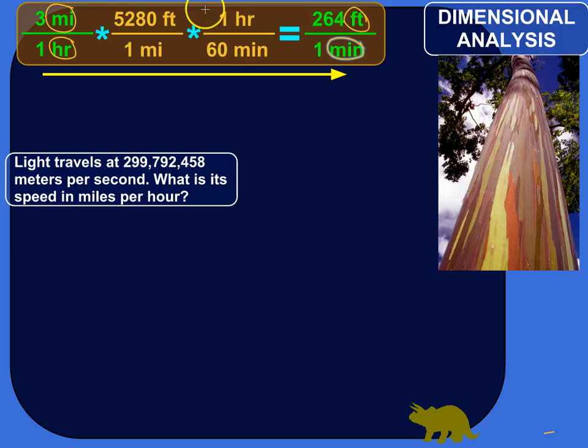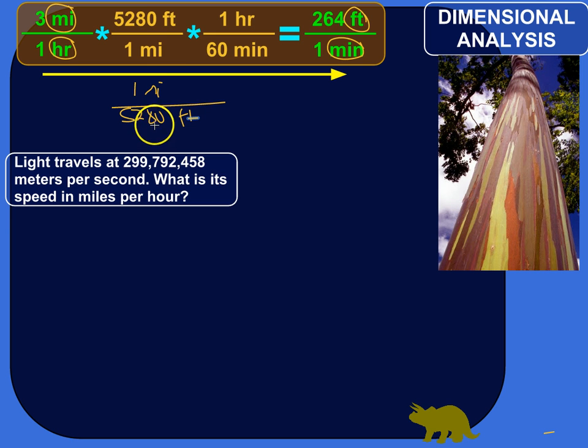Step two is to write those conversion factors as fractions, as ratios expressed as fractions. So here, there's 5,280 feet per 1 mile, and I could have written that as 1 mile per 5,280 feet.